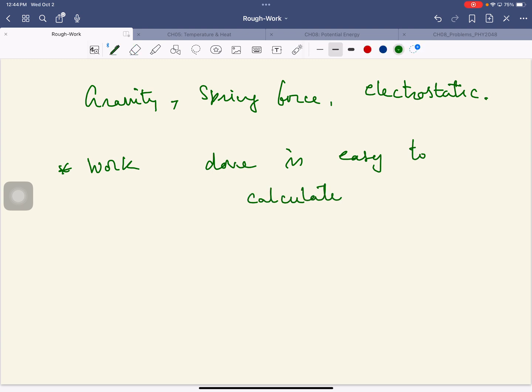This is for the one-dimensional case. We'll generalize it to the three-dimensional case. This function is called the potential energy function.